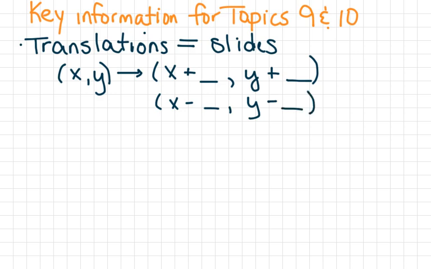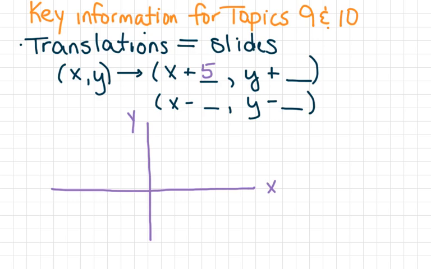So if you have a plus sign with the X's, remember the X values on a coordinate plane go right and left. This is the X value, X-axis, and this is the Y-axis. So if we have X plus 5, that means we take our X and we add 5 to it.